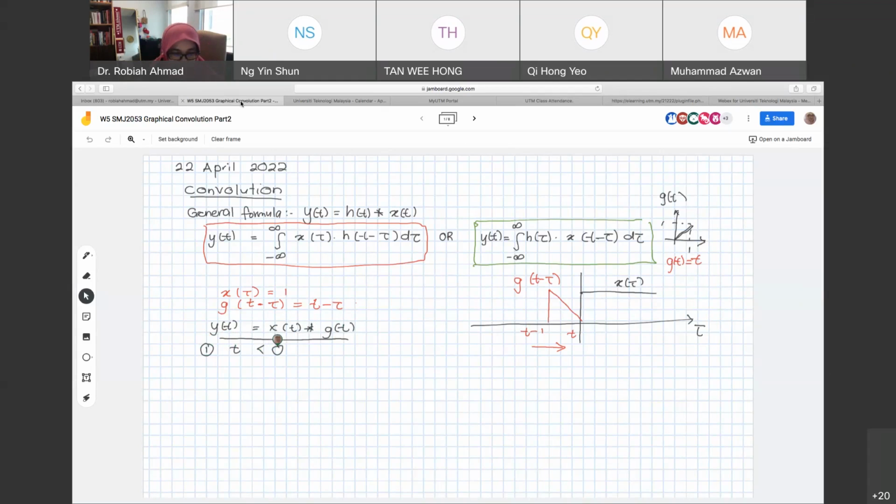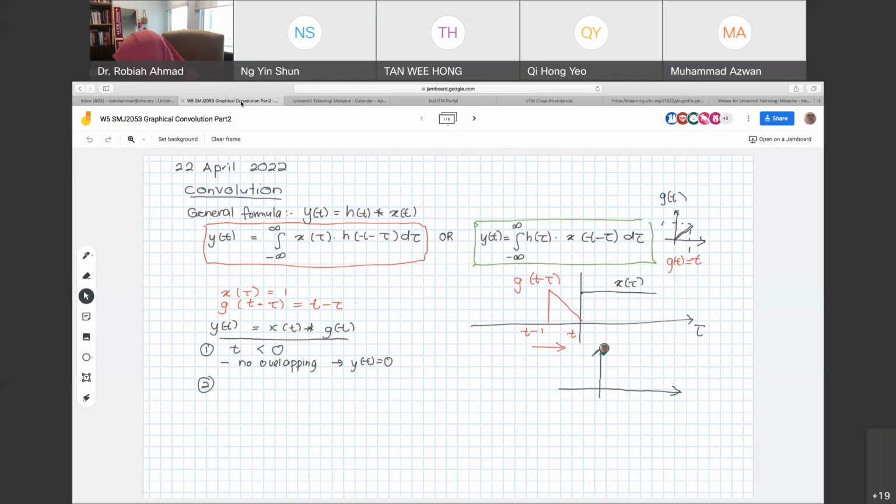So what happened? There is no overlapping. Therefore our y(t) will be 0. Now let us move our signal here. It starts to overlap.